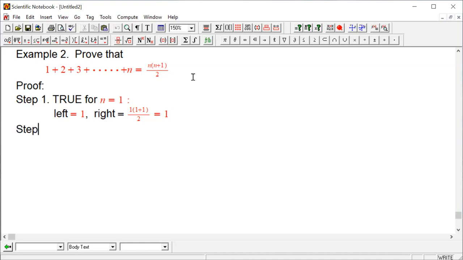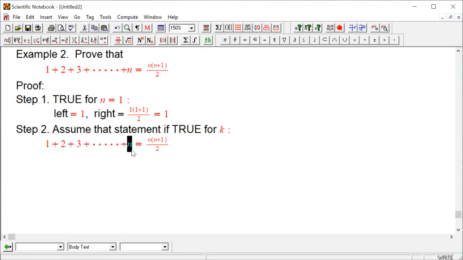And then we get to step 2. Okay. In step 2, we assume the statement is true for k. What does it mean? The statement is true for k. Well, in this statement, n turns into k. The sum of the first k natural numbers is such. Okay, and what do we prove?